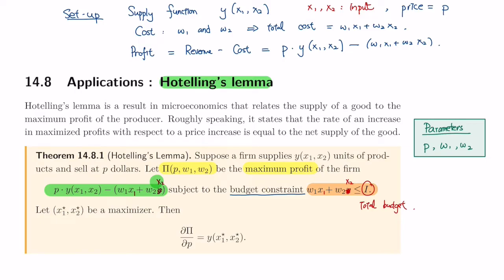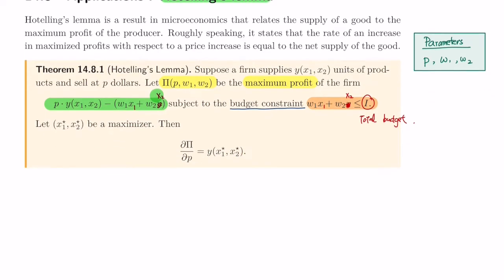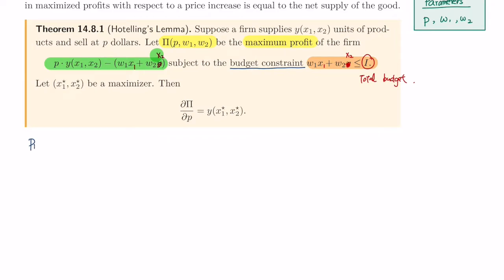So what does Hotelling's lemma tell you? It tells you the rate of change of the maximum profit with respect to the price of your good. It turns out it equals y evaluated at your maximizer. Let me give you a proof. You smell the envelope theorem, right? But to apply the envelope theorem, we first have to write down the Lagrangian.